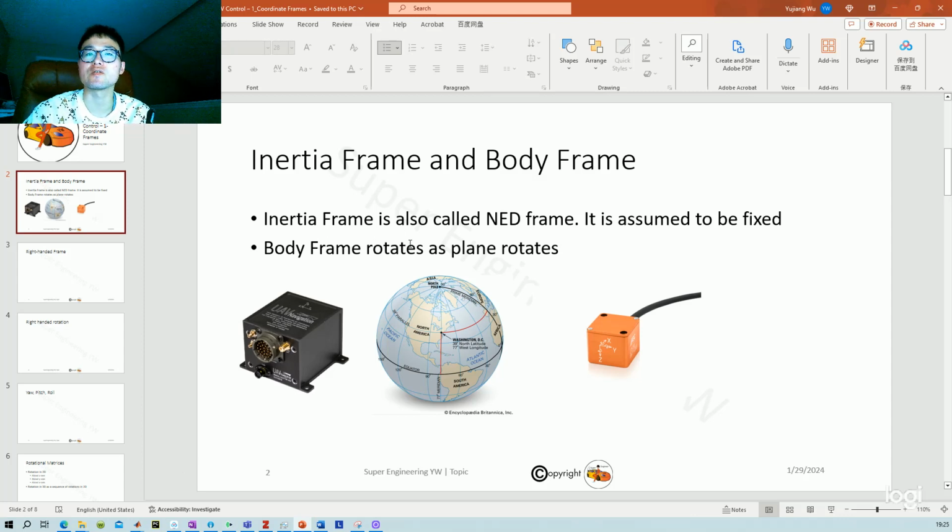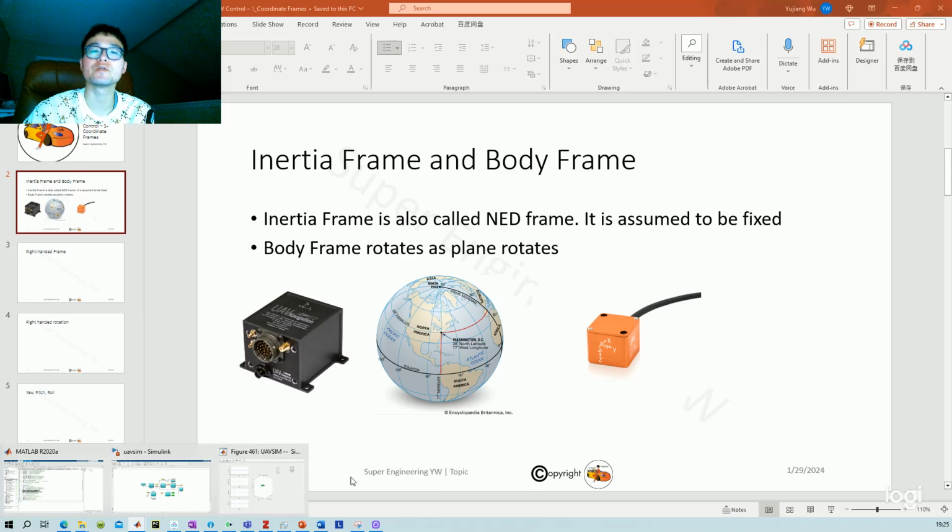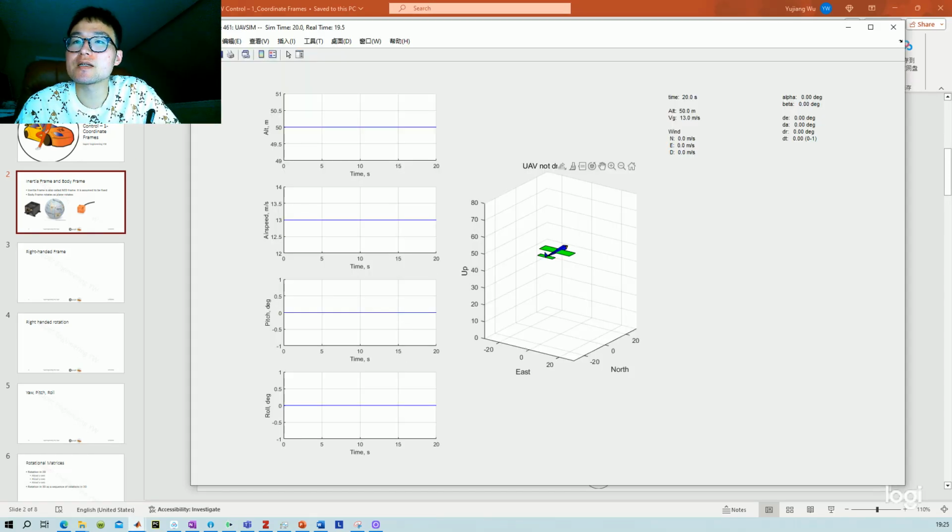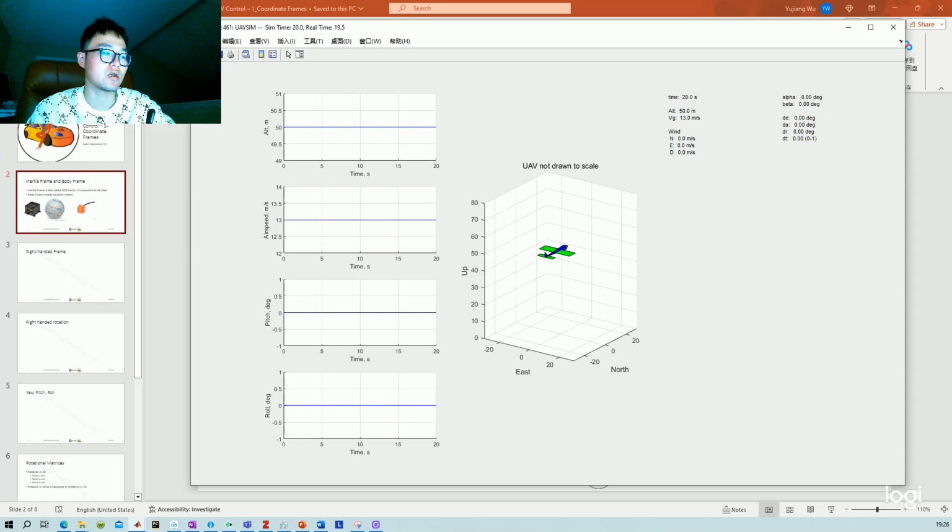Before going into the details, I'll show you some simulation. This flight is flying like that in a so-called northeast, this is up, but usually we use the northeast down frame. We'll see that is actually your inertia frame. If this plane is flying like that and we want to change directions, change rotations, how can we express that mathematically?